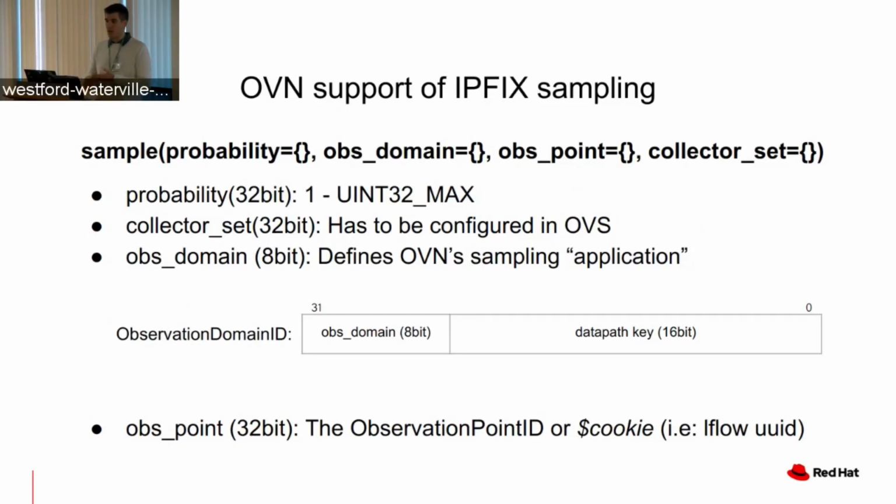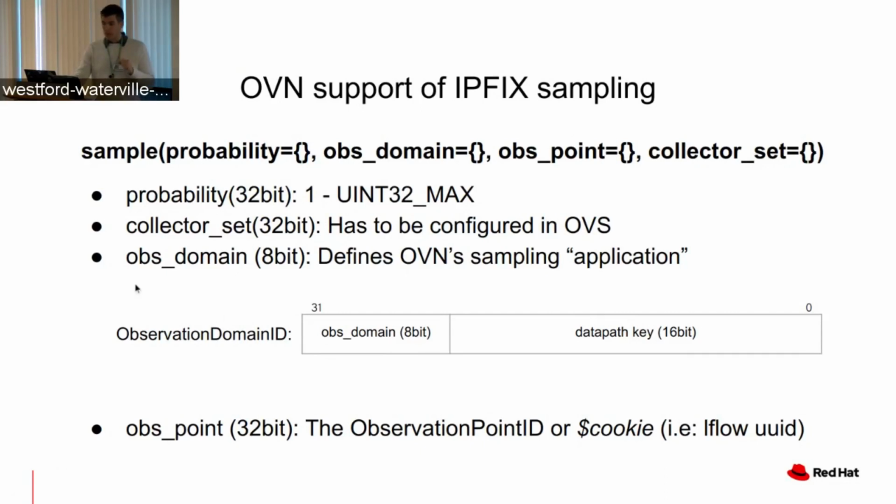We can define the probability, a 32-bit field. We need to specify the collector set ID, which, as I already mentioned, has to match the one that we configure in OVS for this thing to work. And we can configure the observation domain and observation point IDs.